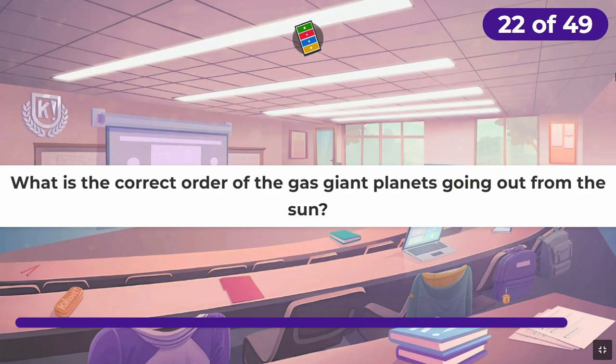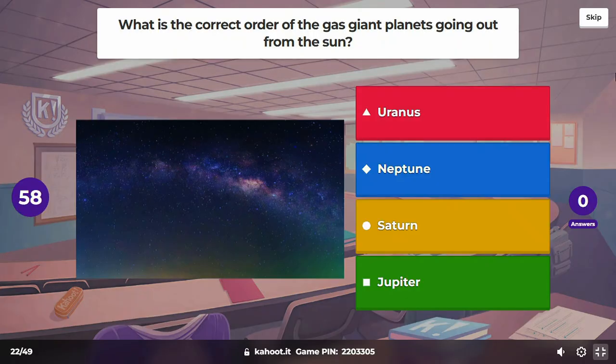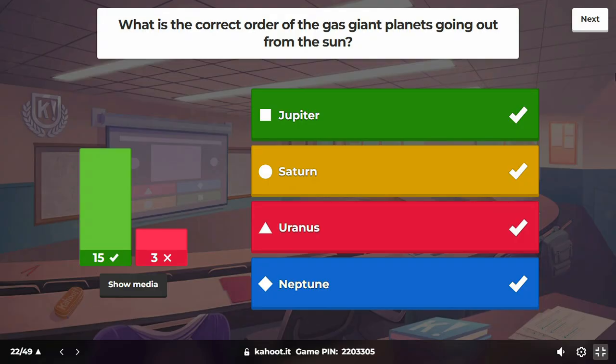So put them in order, going from closest to the sun and working your way out. Yep, so Jupiter, Saturn, Uranus, Neptune.